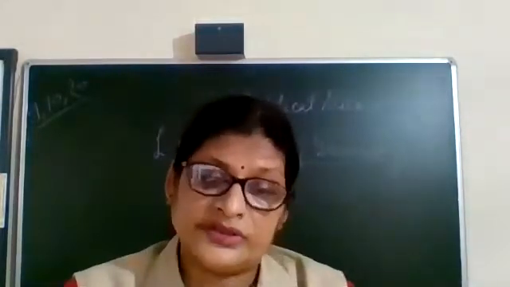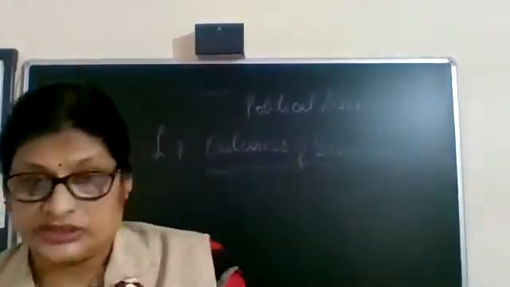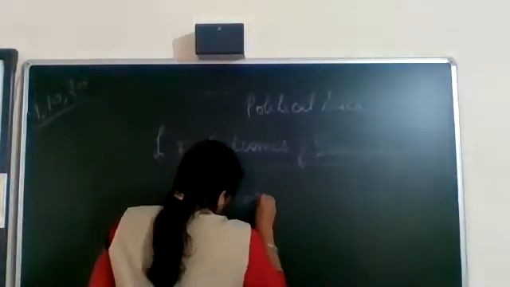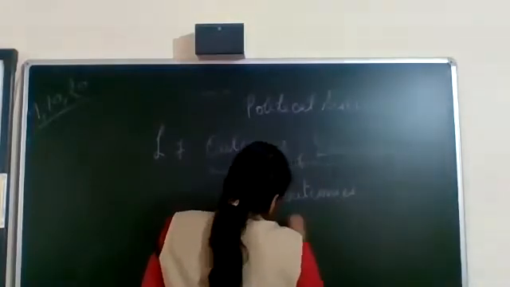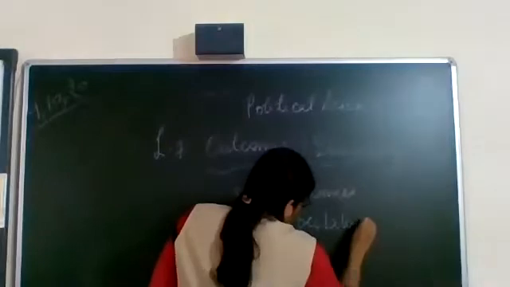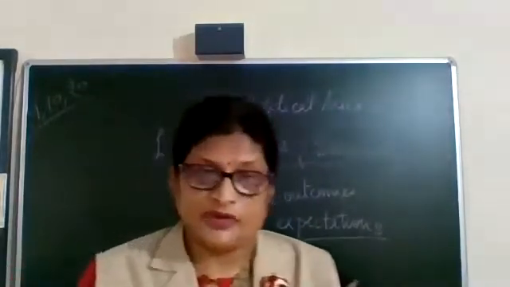So in this chapter we are going to take certain expectations or outcomes, and on the basis of them, we are going to judge the performance of democracy.